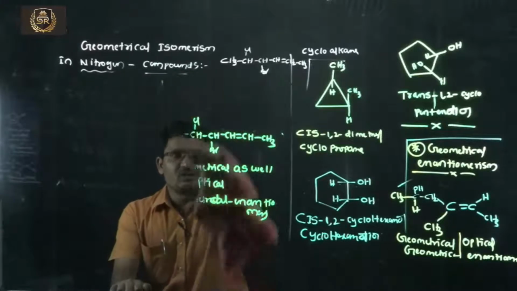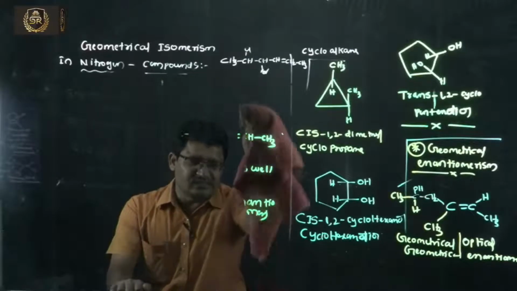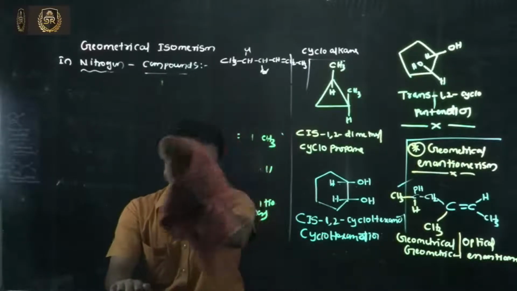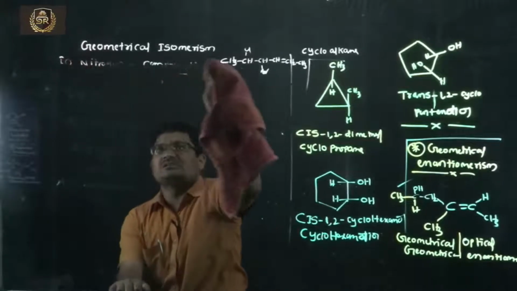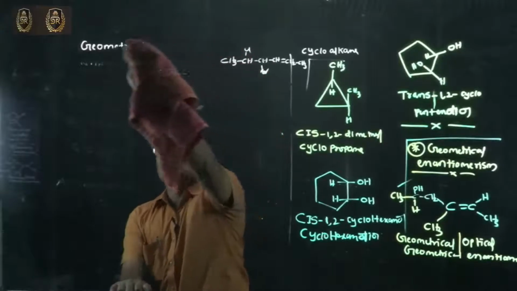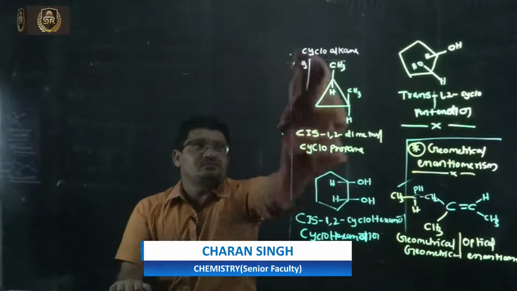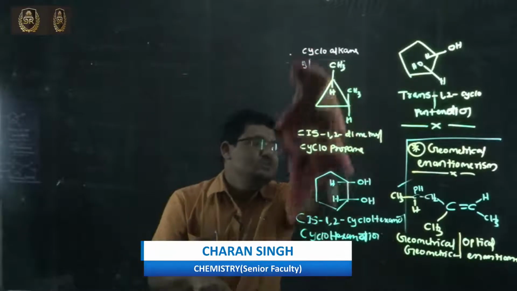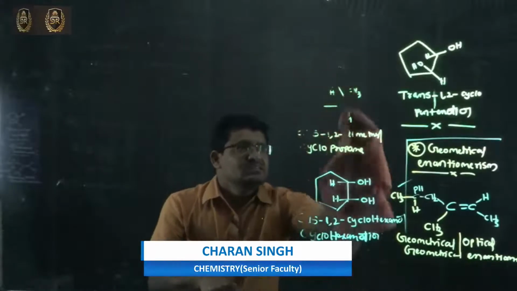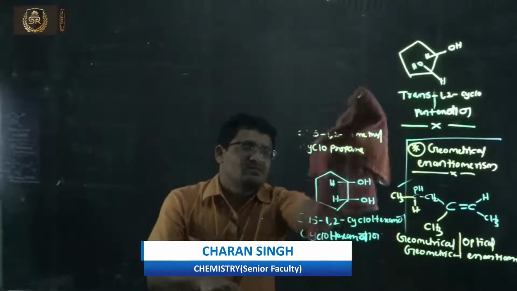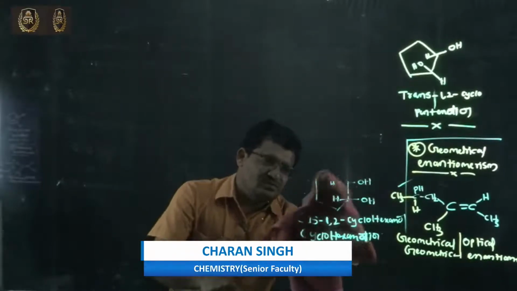After that, conformational isomerism. The best example of conformational isomerism is butane. In this conformational isomerism, butane has 6 types of conformations formed. These are represented by Newman projection formulas.